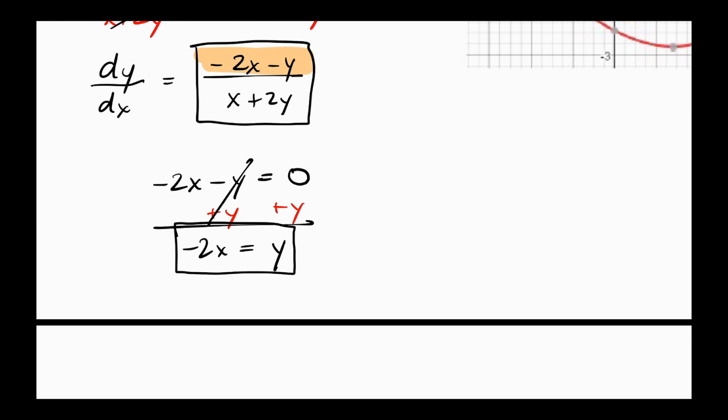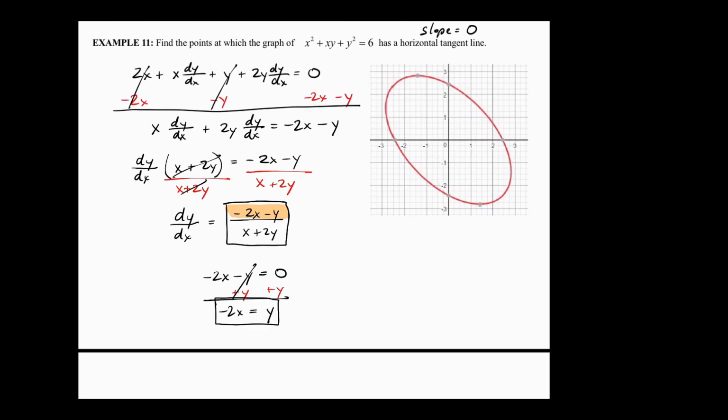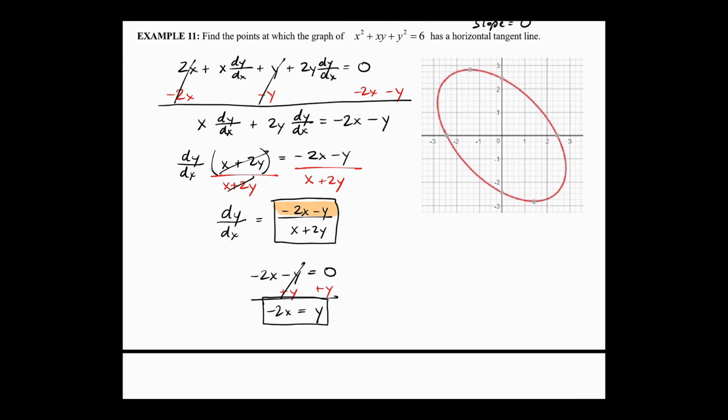Anywhere I get an x and a y that satisfies that, that's going to be true. So if I plug in x and y and it's true, I'm going to get a horizontal tangent. Most of the time what they'll do is give you an x coordinate and say, for this x coordinate, give me a y that'll give you a horizontal tangent. So the main thing to remember about this problem is that when we're finding horizontal tangents, the top is all I care about.